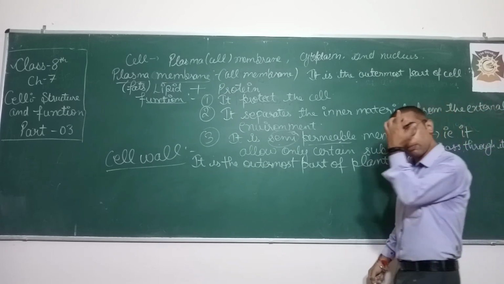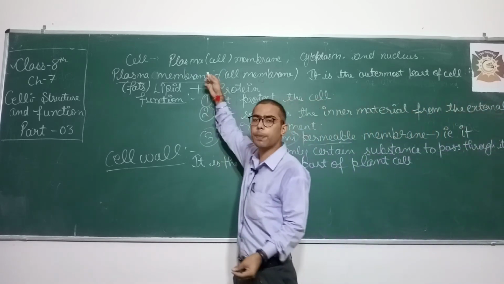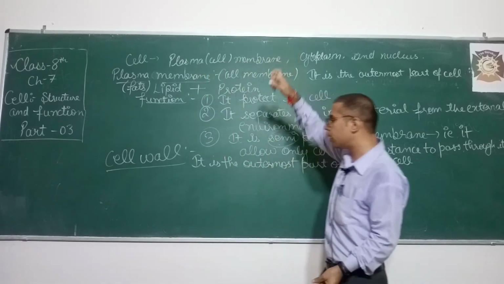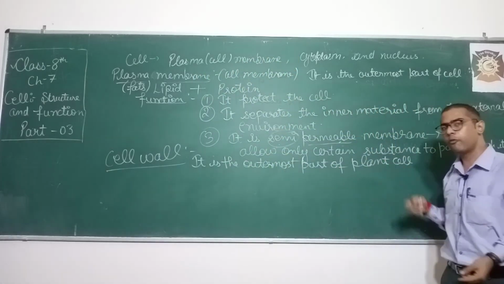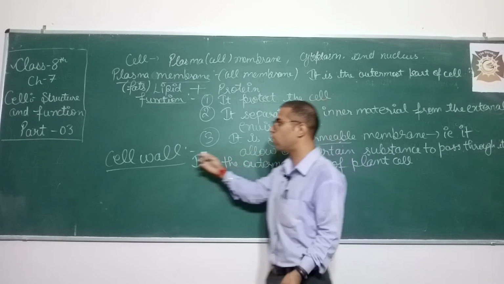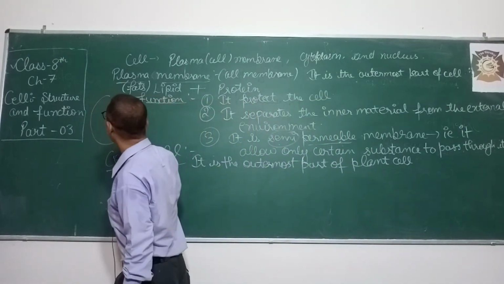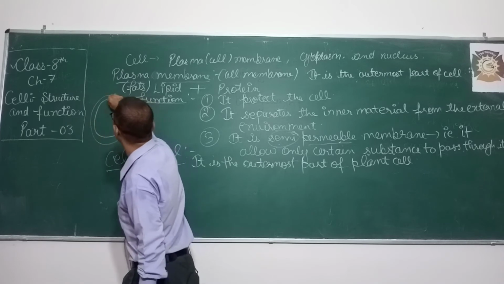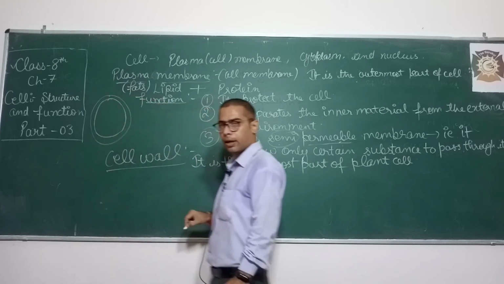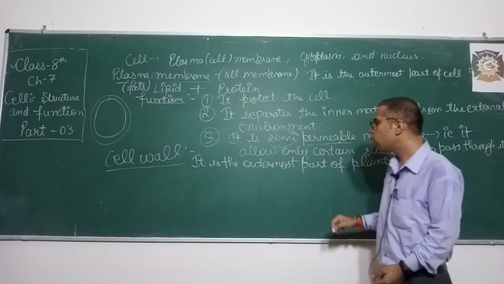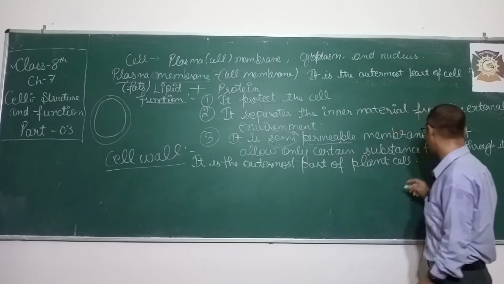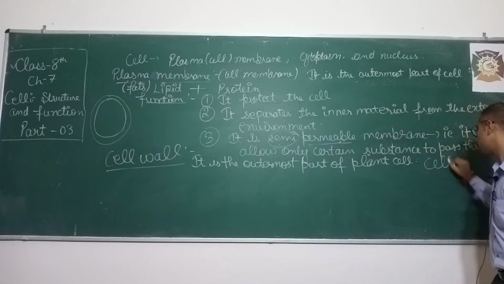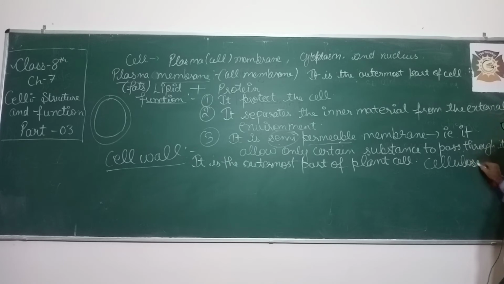If I am talking about an animal cell, the outer part is the plasma membrane, but in the case of a plant cell, the outer part is the cell wall. That means the outer boundary is the cell wall, and inside the cell wall the inner boundary is known as the cell membrane. Is it clear, students? The cell wall is made up mainly of cellulose.